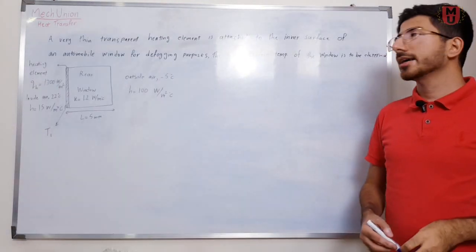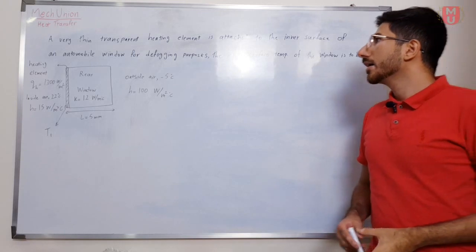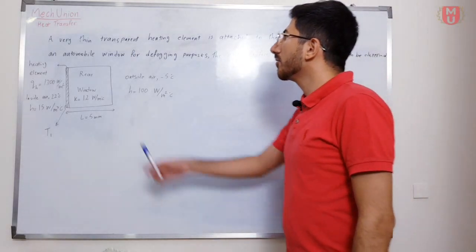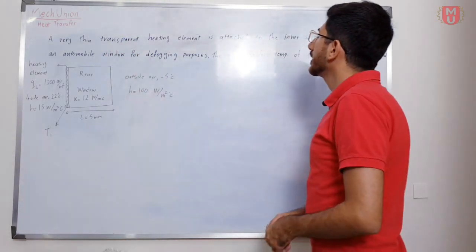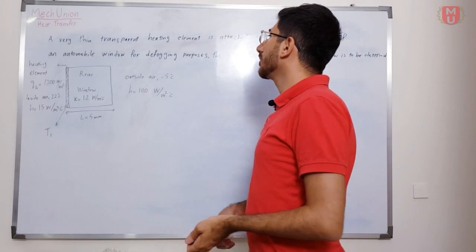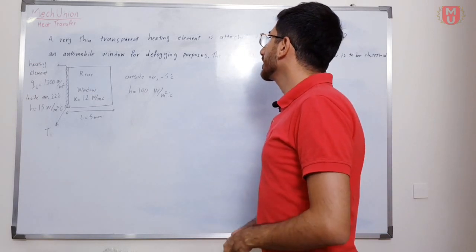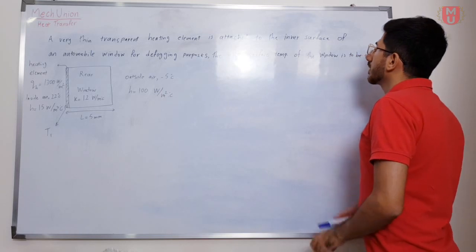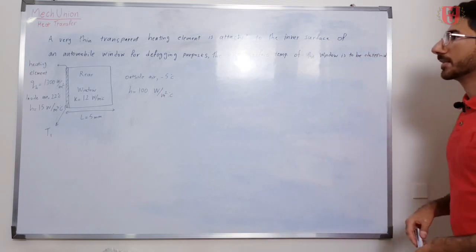Okay, as the last example we have, it is said that a very thin transparent heating element is attached to the inner surface of an automobile window for defogging purposes. The inside surface temperature of the window is to be determined.